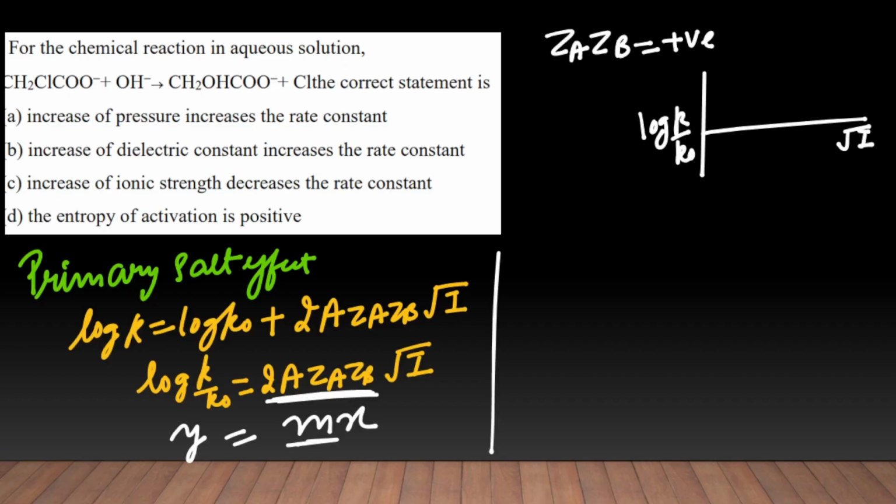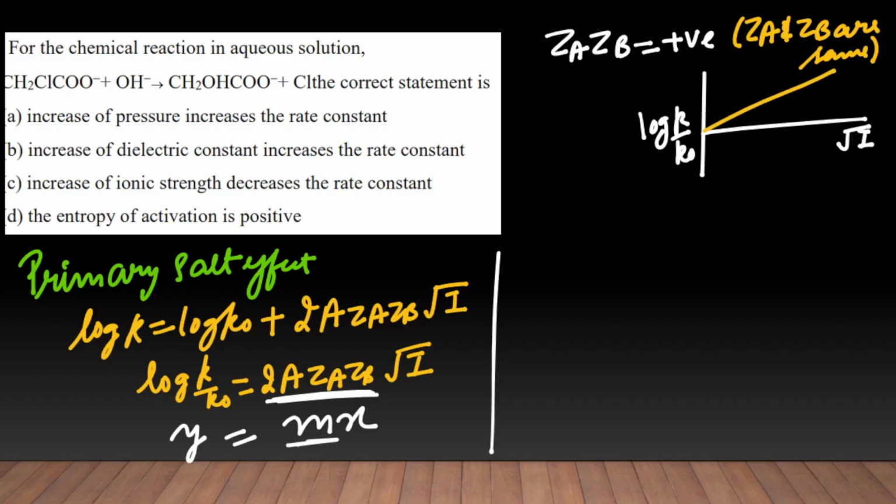If ZA and ZB are the same charges, in that case you see log of K by K naught with the ionic strength has a positive slope, and the plot will be represented like this, which means when both the signs are positive, the slope is positive.